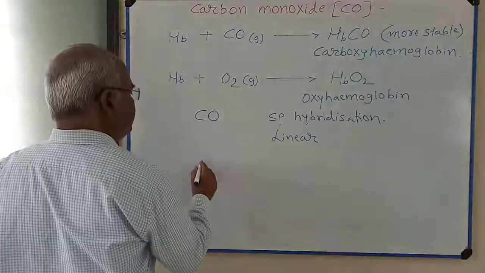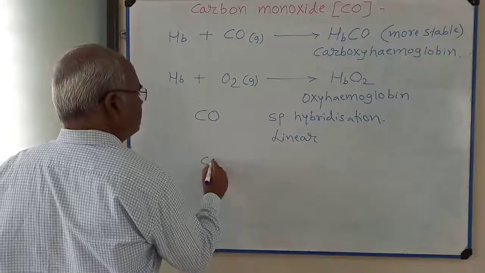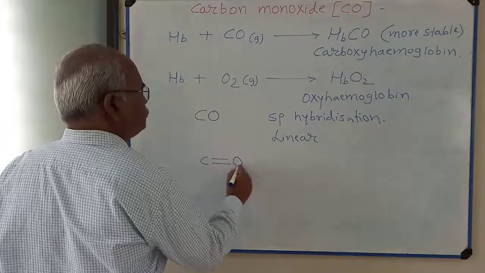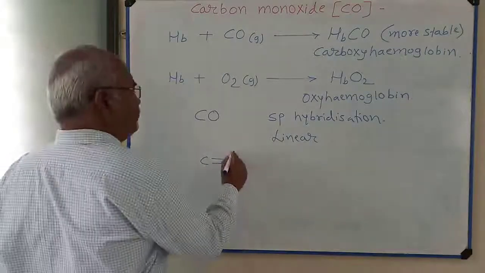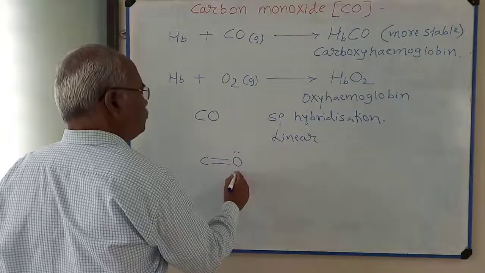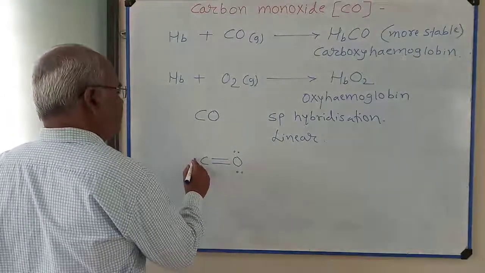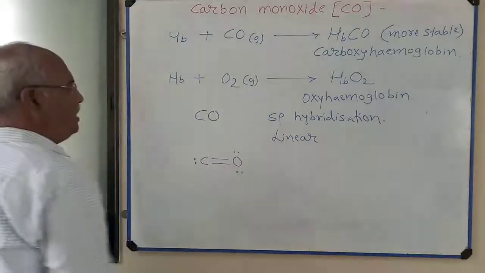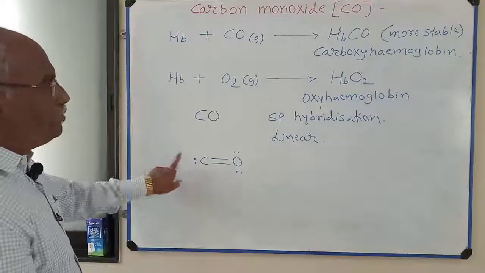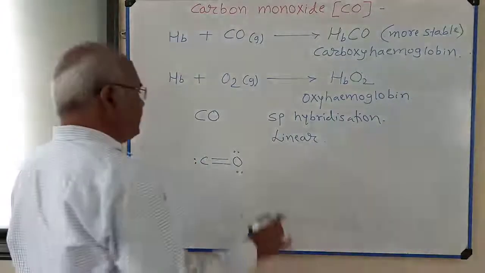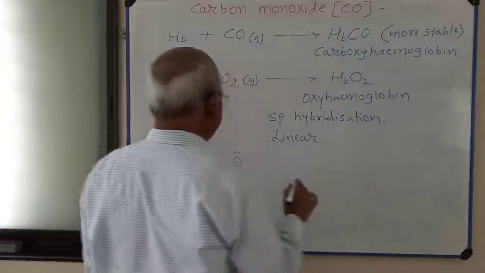I represent here carbon double bond oxygen. Oxygen has two lone pairs of electrons, and carbon also has one pair of electrons. I represent the structure like this.